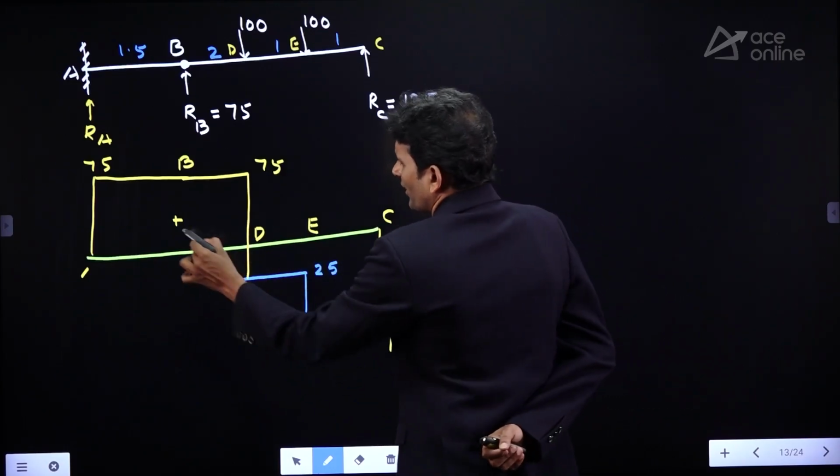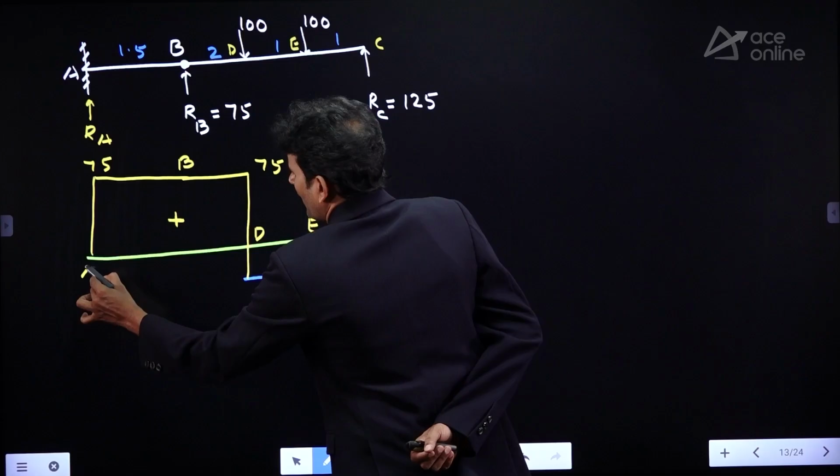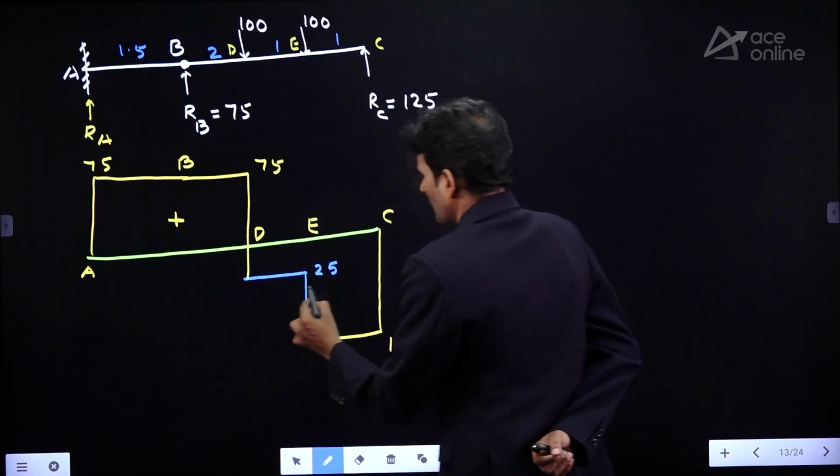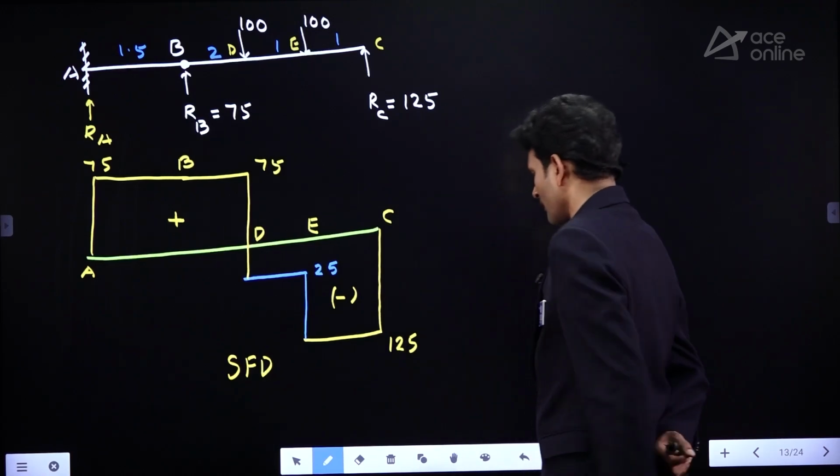All features we are locating. Positive shear I am taking here above the line, and negative shear I am showing it here. This is the correct representation of a shear force diagram.